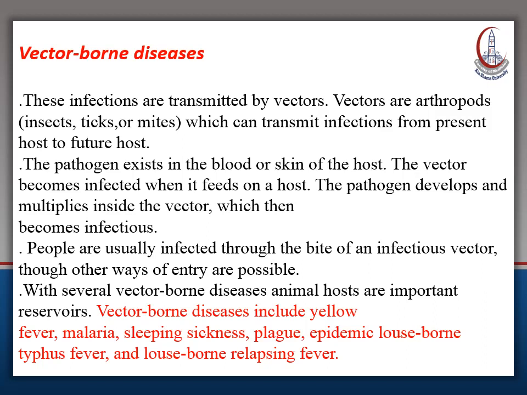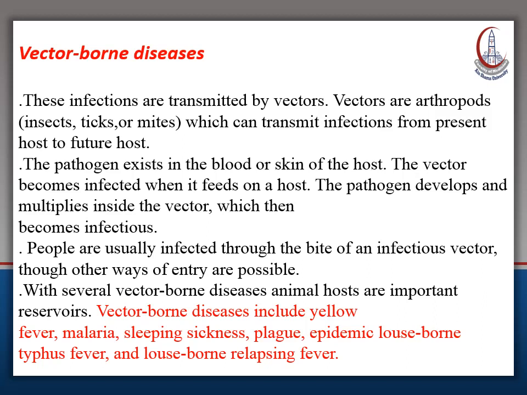These are infections transmitted by arthropods containing the disease agent which cause this disease. And when these arthropods visit the host to obtain their blood meal, they infect him with these disease agents.